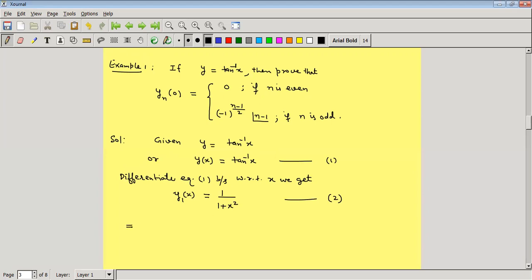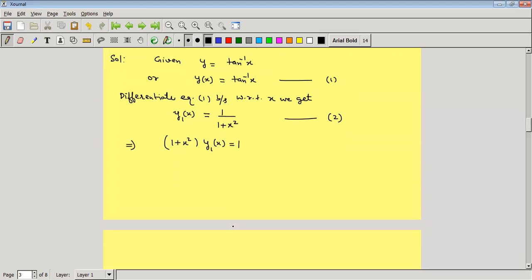This implies, if we multiply it by 1 plus x square, then we get 1 plus x square into y1(x) is equal to 1. Let this be star. Now differentiate star both sides with respect to x.